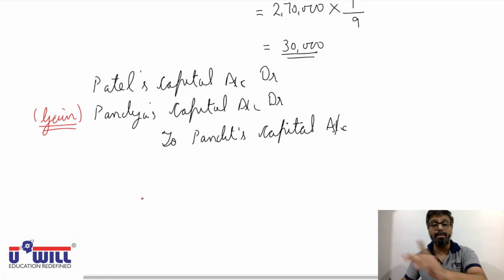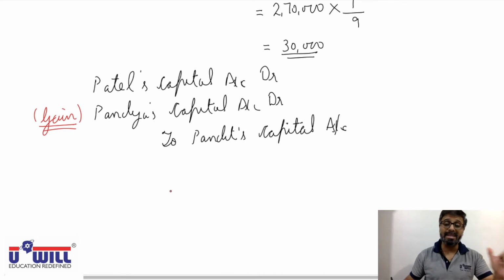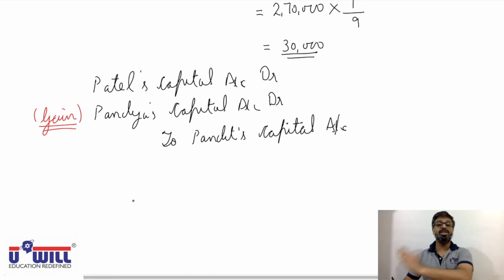You can see in the summary of goodwill I made you write, in addition to new partner capital to old partner's capital, I made you write gaining partner's capital account also debit. Even in this portion, even if the new partner brings his share of goodwill in cash, there also, if the old partner is not sacrificing but gaining, then the gaining partner you will always debit.